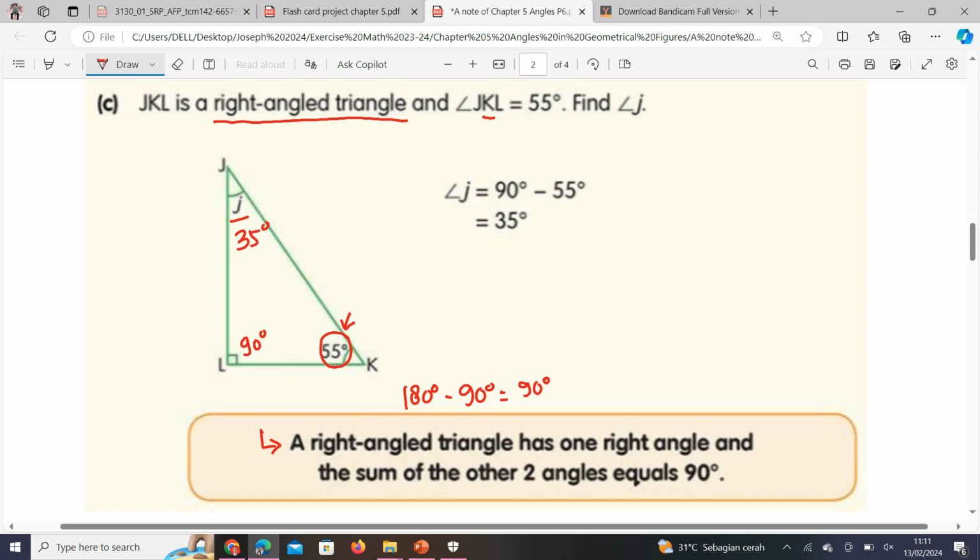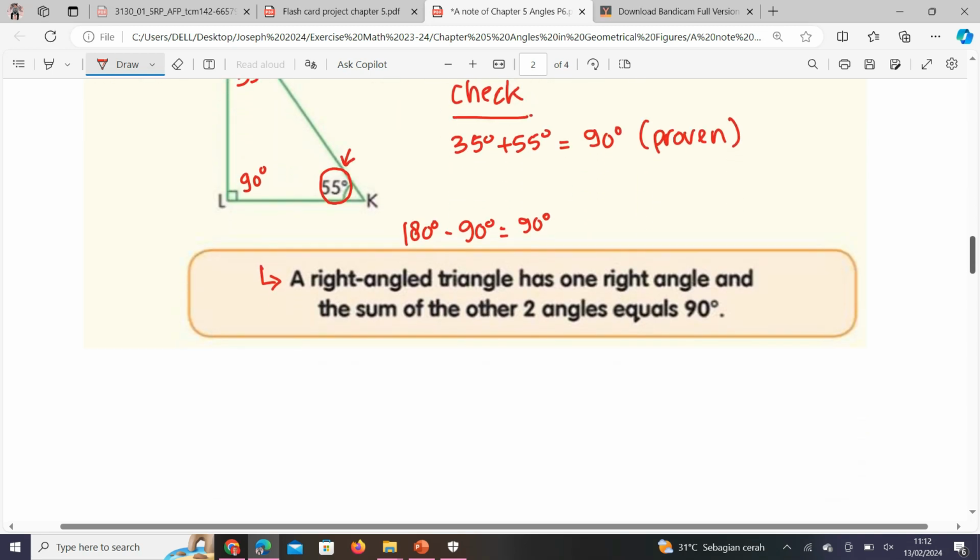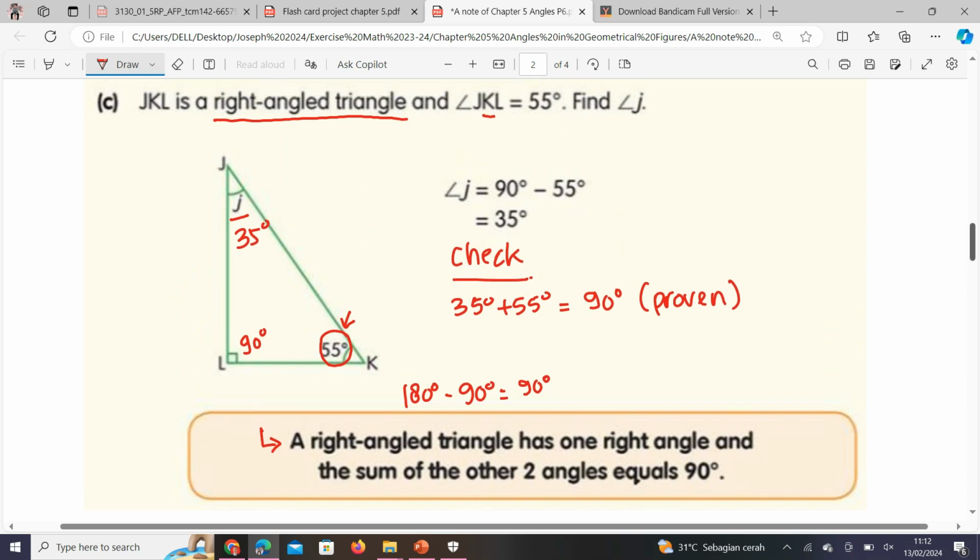So let's do checking. 35 degrees plus 55 degrees equals 90 degrees, proven. So the material that you need to memorize, that you need to know, is the law in angles of geometrical figures.